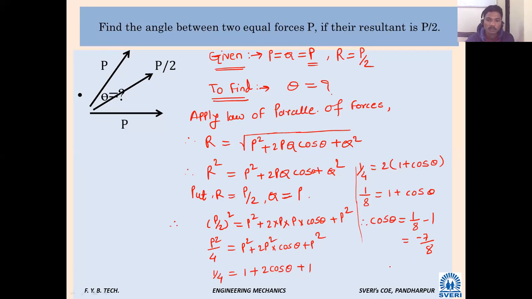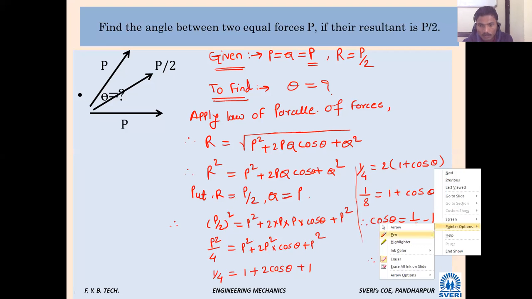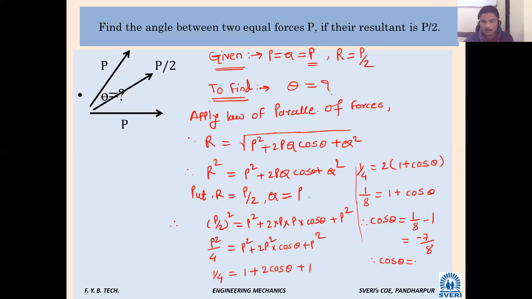How much is 7 divided by 8? 0.875. So minus 0.875.